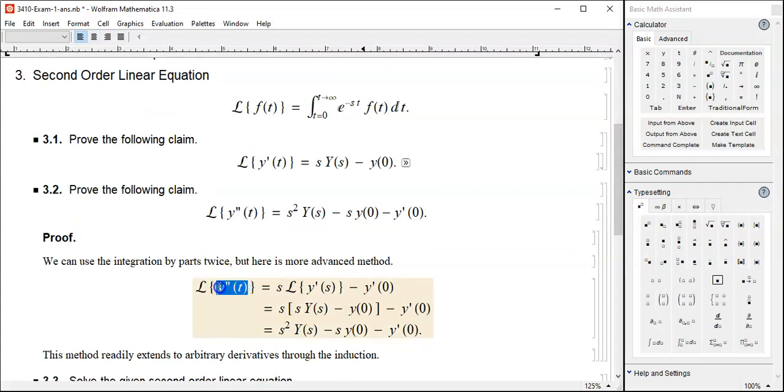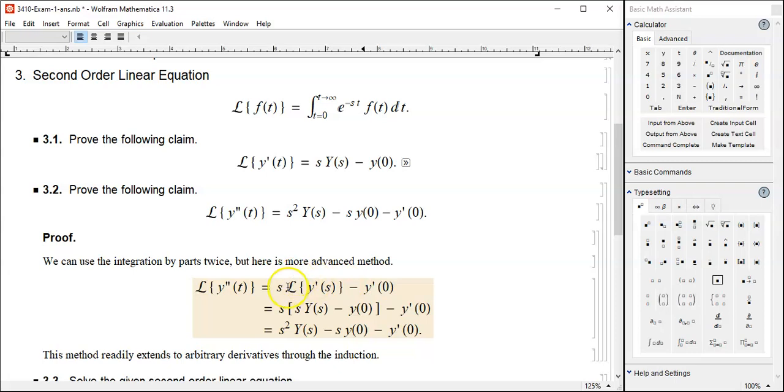Y double prime is basically the derivative of y prime. So if you put it over here in this formula, that's s times the Laplace transform of the original, which is this. And then y of 0, the original, but the original is the first derivative because we started from the second derivative. So we get the first line.